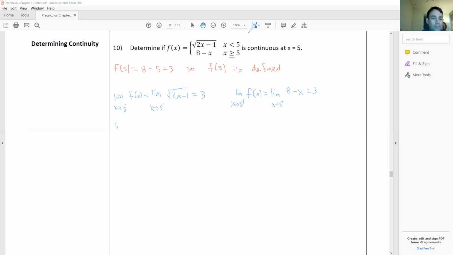So we're going to do a little writing here. Since the limit from the left side equals 3, which equals the limit from the right side, then that means the limit as x approaches 5 exists.